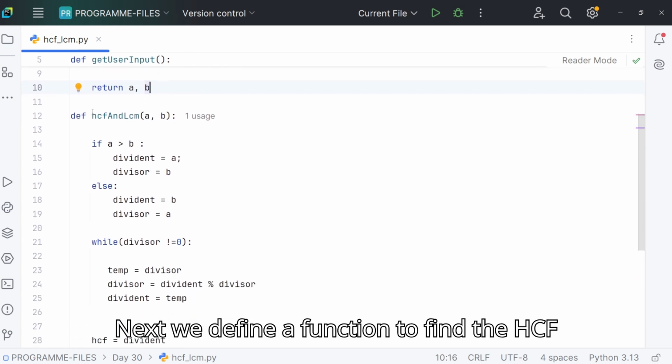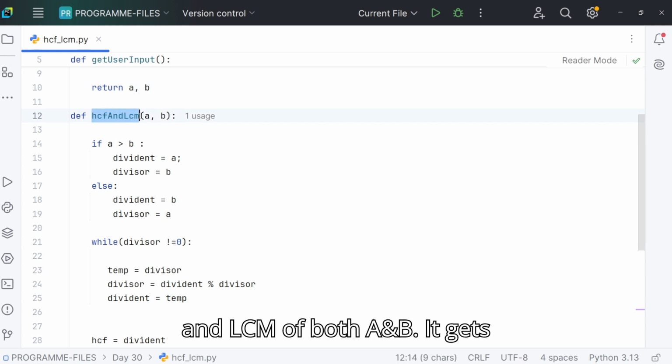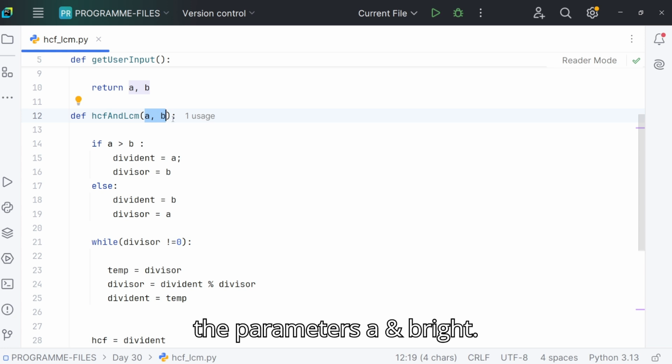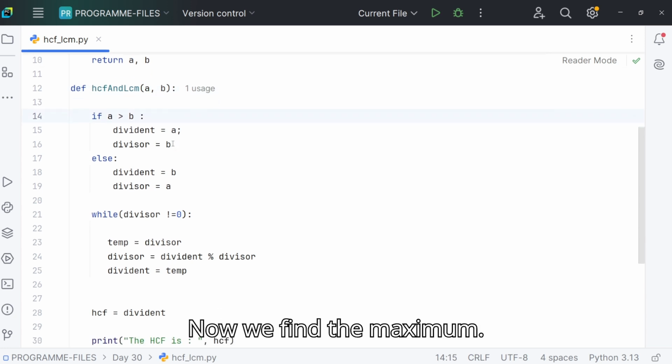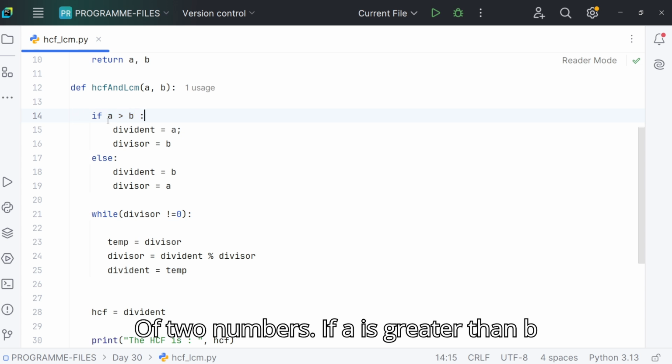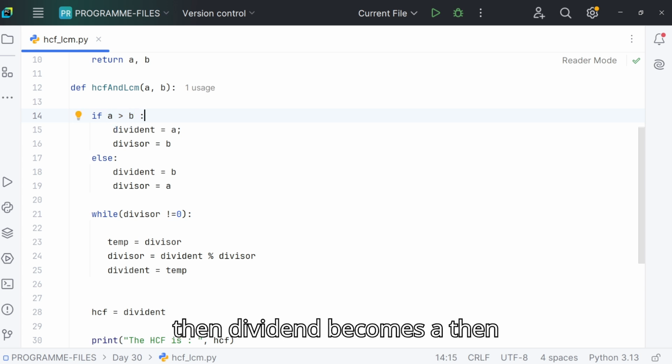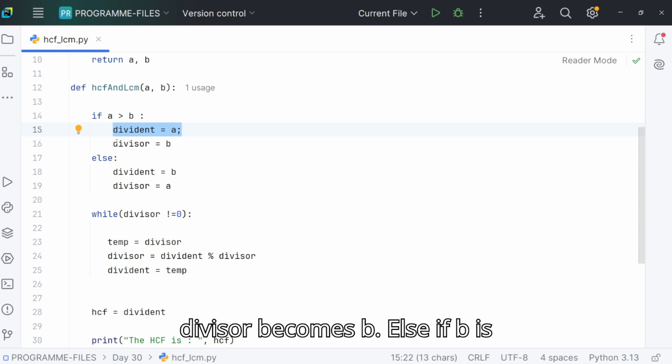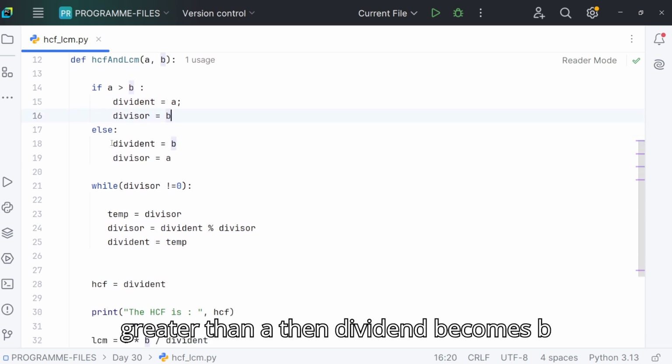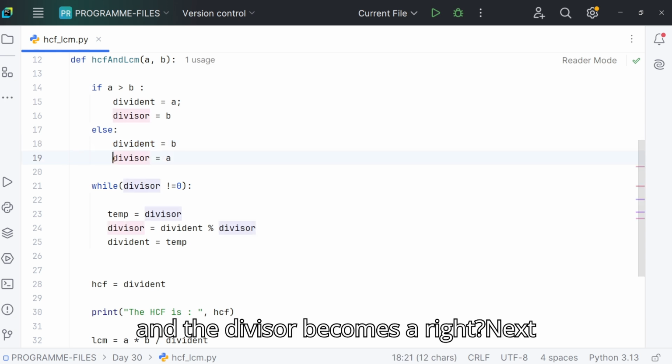Next, we define a function to find the HCF and LCM of both a and b. It gets the parameters a and b. Right? Now, we find the maximum of the two numbers. If a is greater than b, then dividend becomes a and divisor becomes b. Else, if b is greater than a, then dividend becomes b and the divisor becomes a.